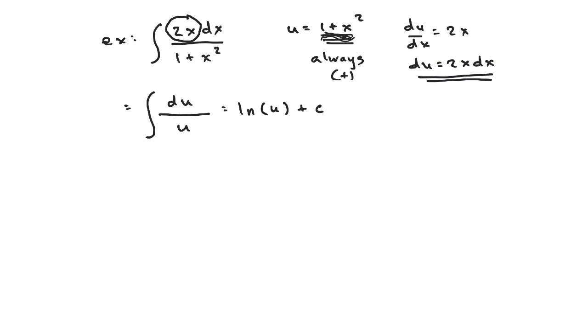Then we can apply the rule we know, which is that the integral of 1 over x dx is equal to the natural log of x plus c when x is greater than 0. So our final step is to take the natural log of 1 plus x squared and then add c to that.